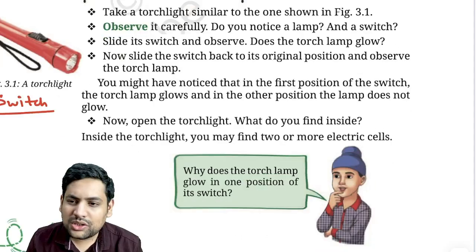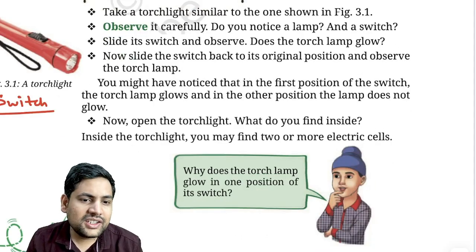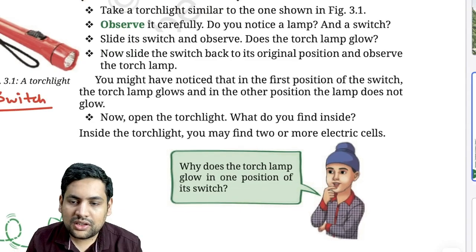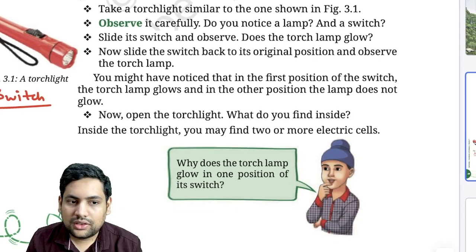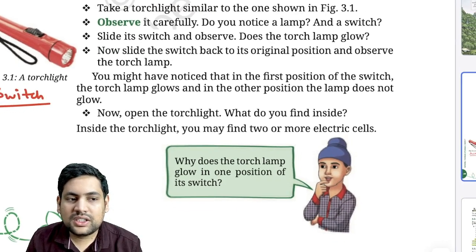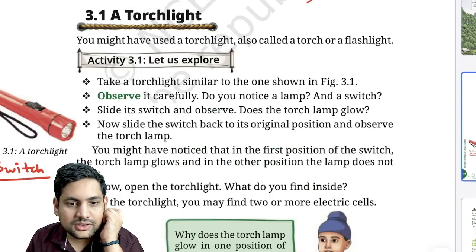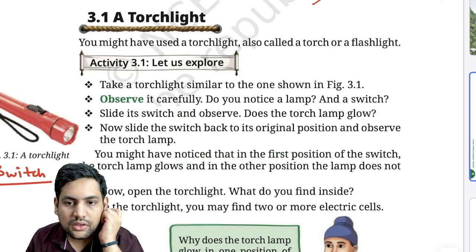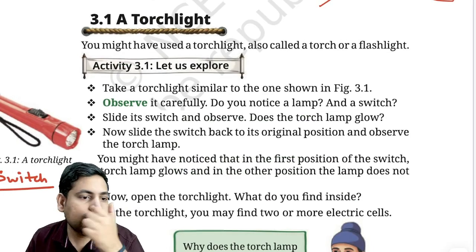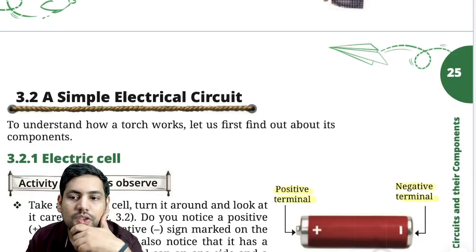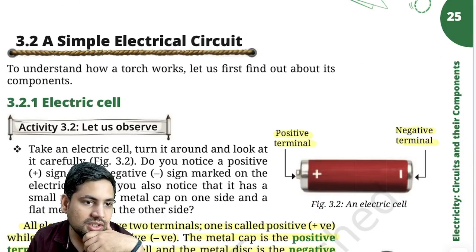First it talks about a torch, and then it tells that sometimes it is turned on and sometimes it is turned off. Now what is this phenomenon? See this. So there is a simple electric circuit.